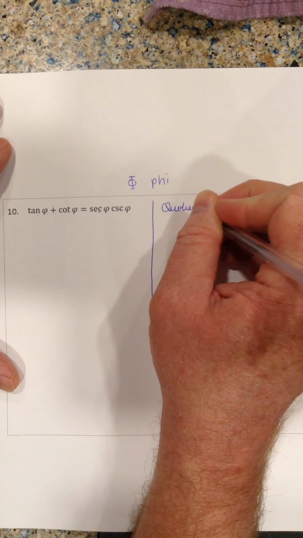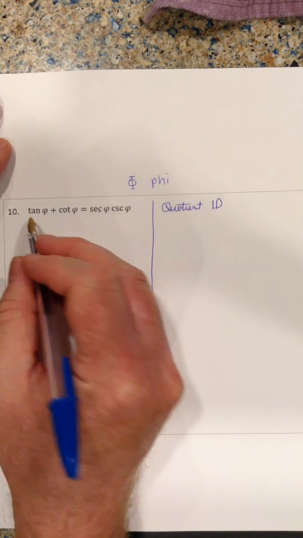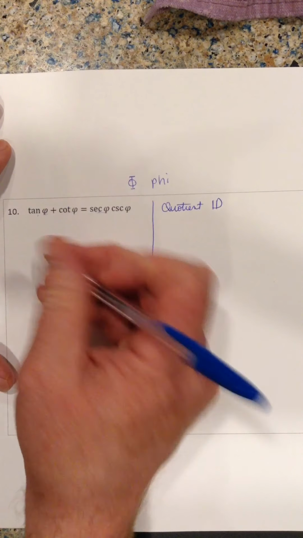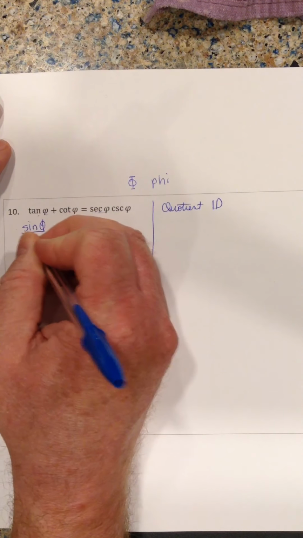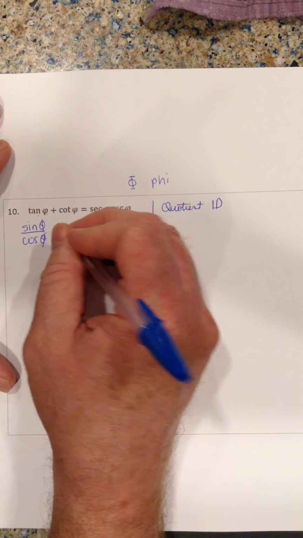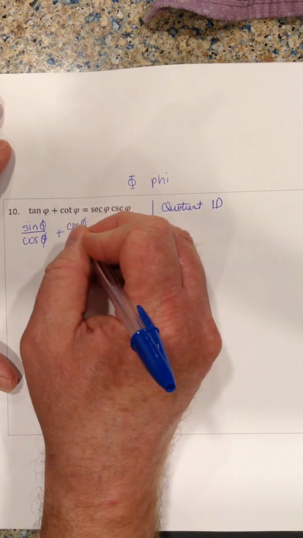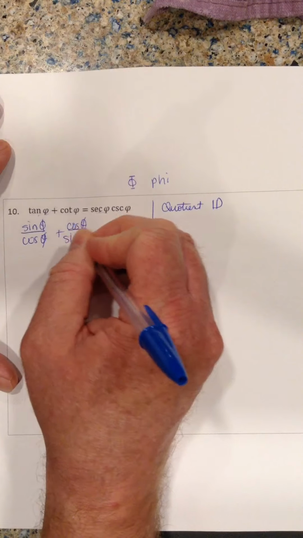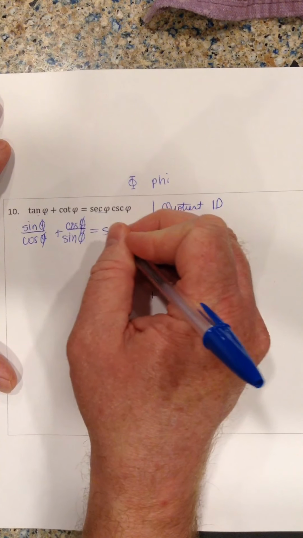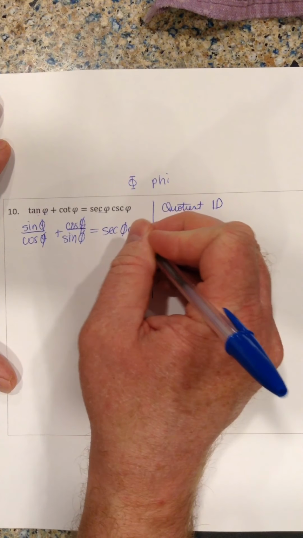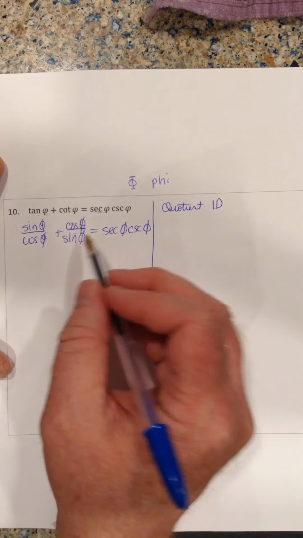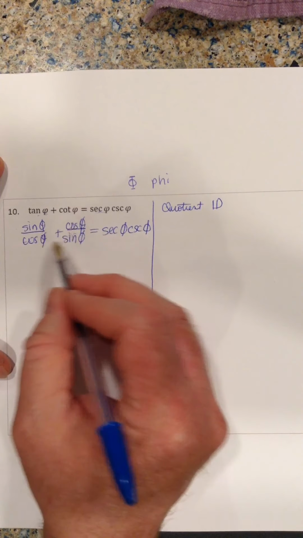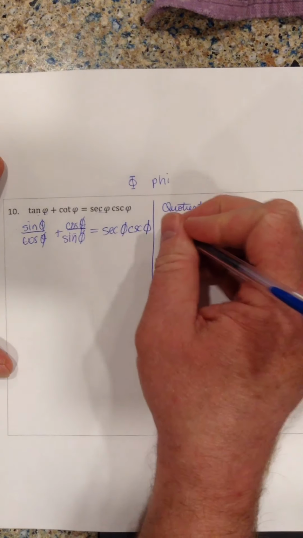Here's a quotient identity. A good trick when you're not sure what to do is to turn everything into sines and cosines. So that's sine of phi over cosine phi plus cosine phi over sine phi equals secant of phi cosecant of phi. Okay, now I have two fractions, and if I add them up, I'll get one fraction. So let's get a least common denominator.